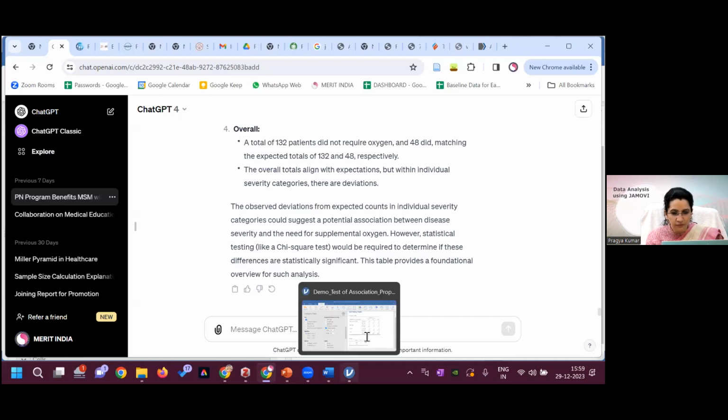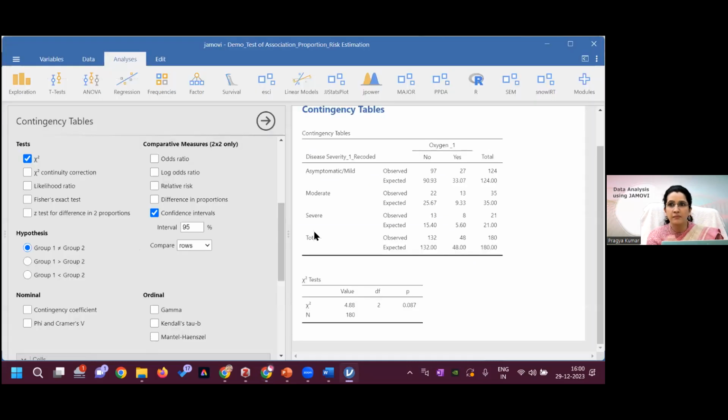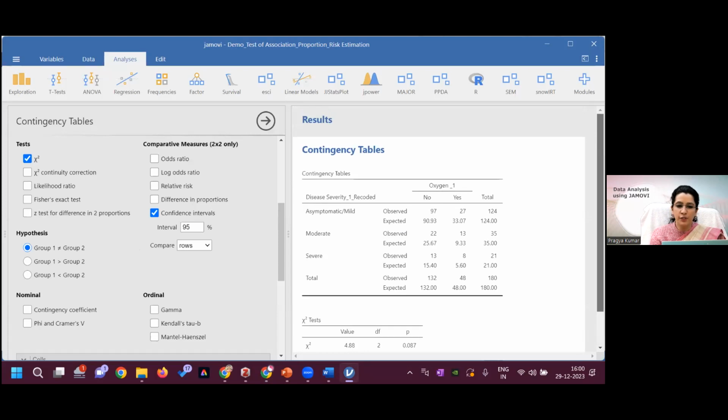You can keep on experimenting if you wish, but again, you have to use your brain, definitely, Dr. Anand, because it is just an AI.